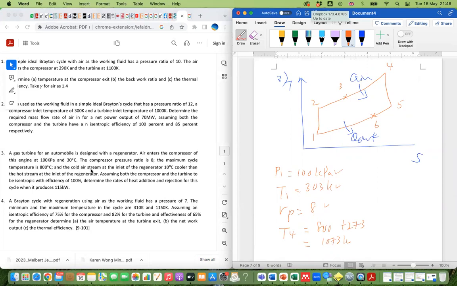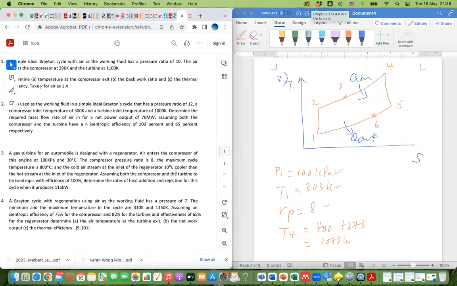The cold stream at the inlet of the regenerator is 10 Celsius colder than the hot stream. Assuming both compressor and turbine are 100% efficient, determine the heat addition and rejection when it produces 115 kilowatt. So we can have a look at this part.